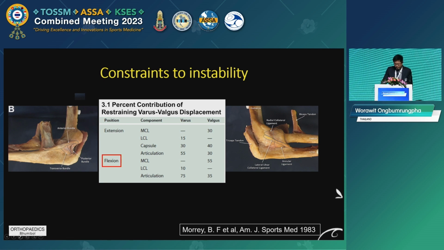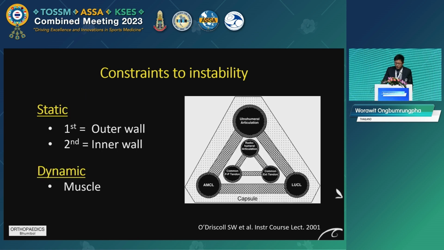On extension, the articulation is extremely important. So the articulation bears the main stability across the elbow. That's why you need to fix the anteromedial facet fracture of the coronoid.